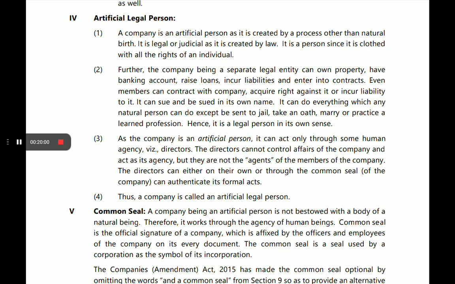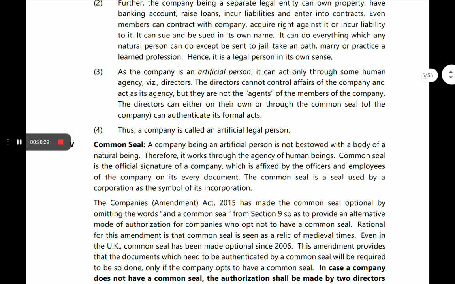The directors can either on their own or through the common seal of the company authenticate its formal acts. Thus, a company is called an artificial legal person.